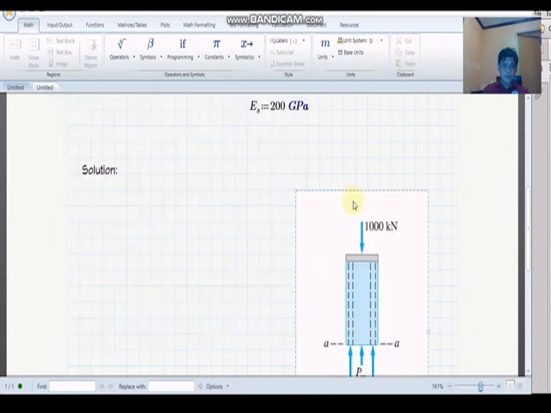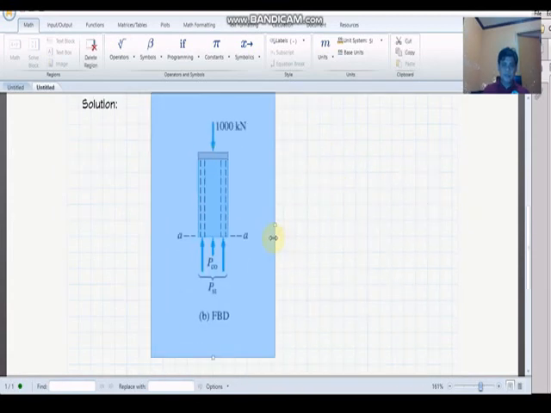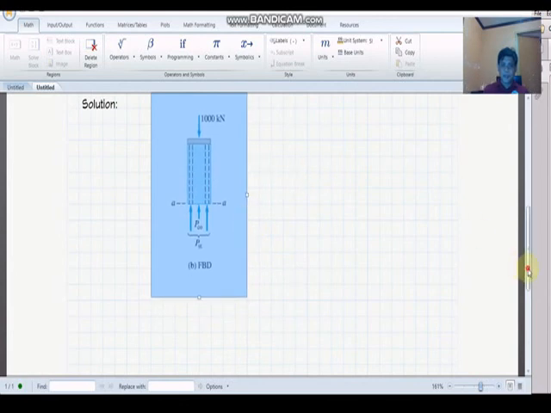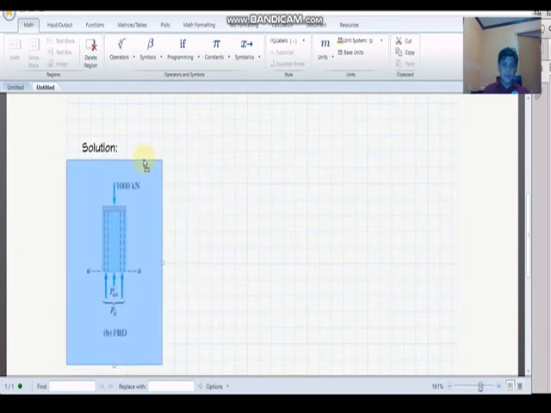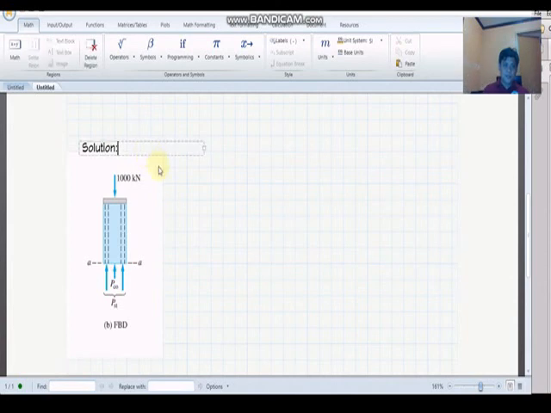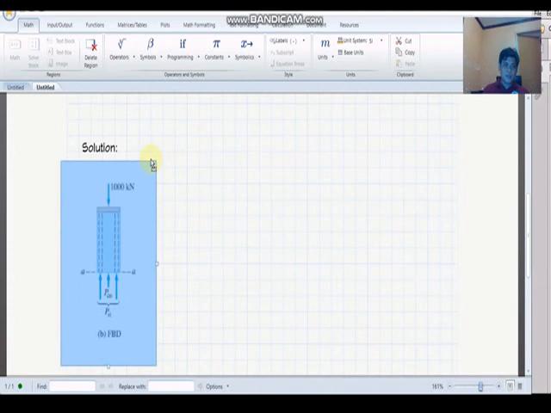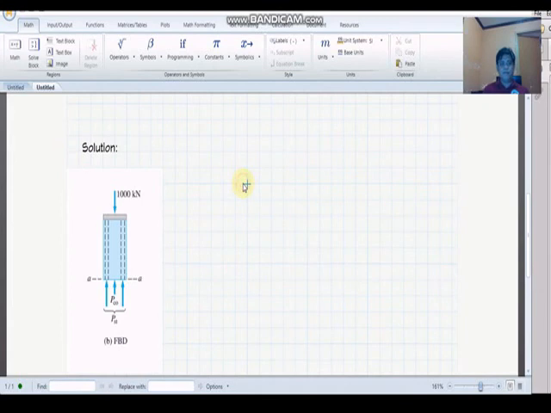So this FBD is actually extracted from the total figure by passing a cutting plane through the section of the column, so that the internal forces will be exposed, as in the case now of the concrete and the steel.